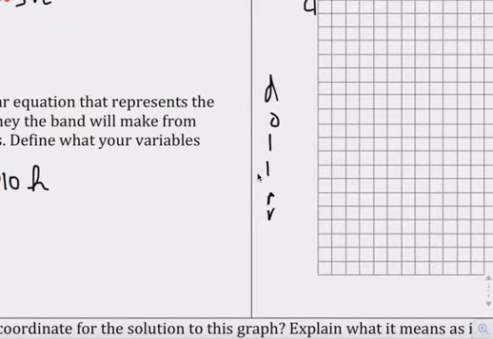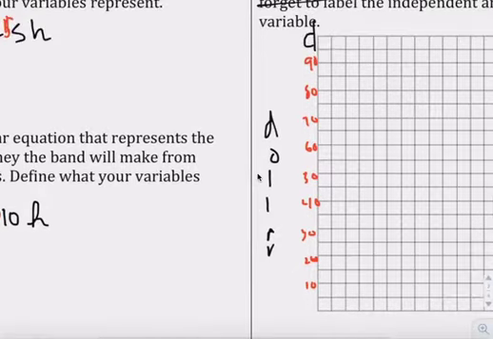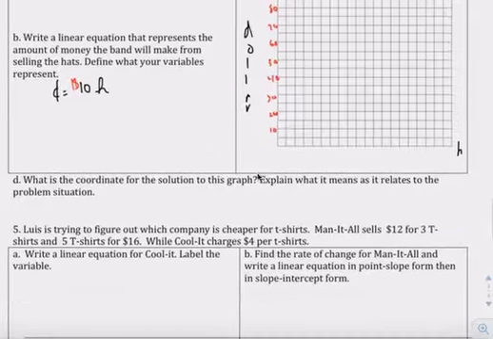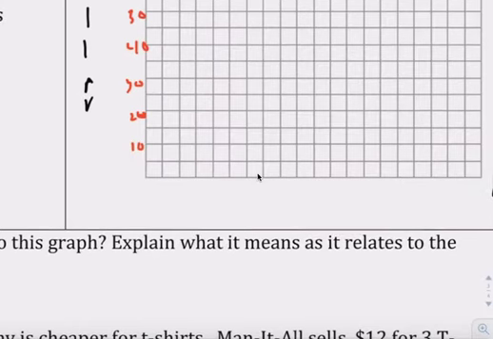So that way we have nice big graphs instead of tiny ones that don't show us much. For the dollar amount and number of hats. Count by 1, of course.